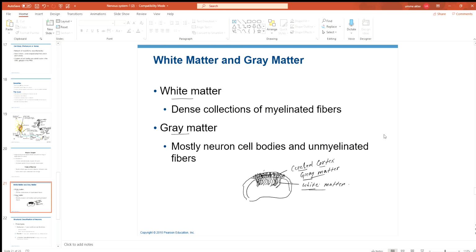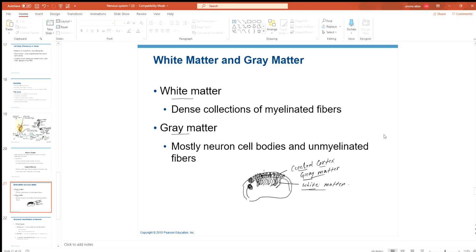Now, in some areas of the central nervous system, the cell bodies of neurons are highly concentrated like this. Not everywhere. In some areas they are very densely packed, and these are called nuclei.